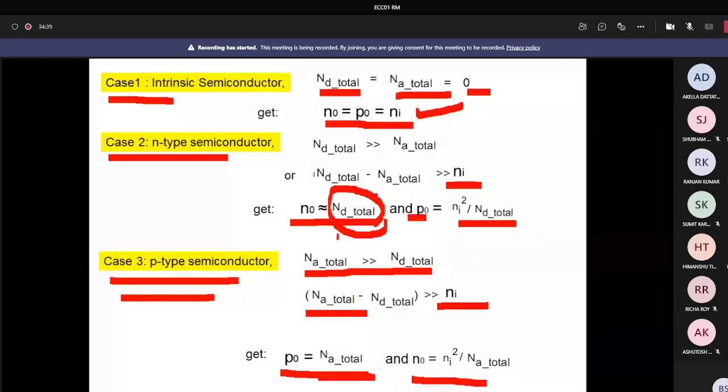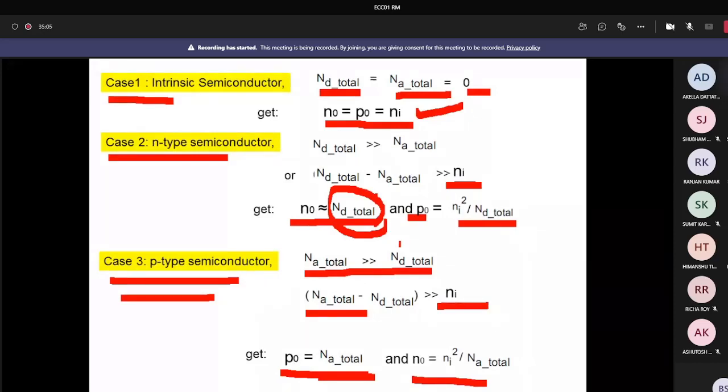As you told, whether it is intrinsic or extrinsic, the carriers are only electrons and holes. There are no other carriers.